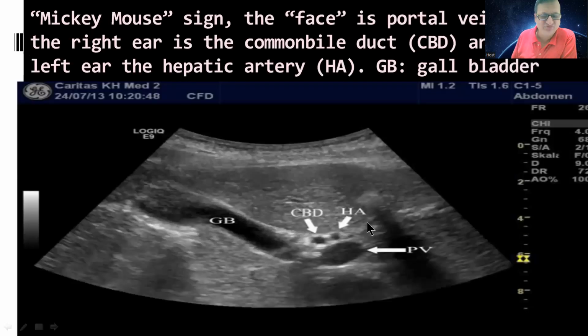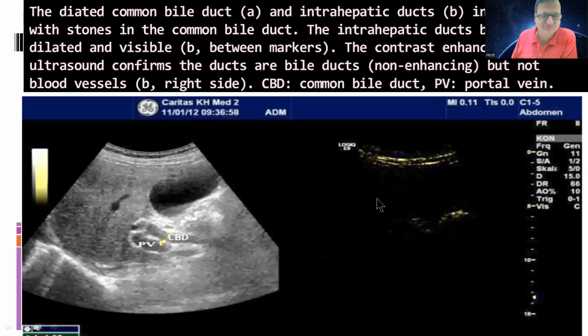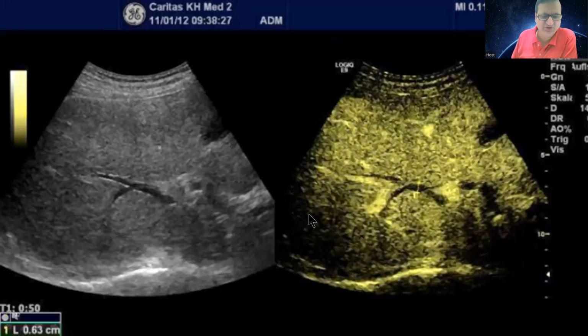This is the Mickey Mouse sign, where the face is the portal vein, the left ear is the hepatic artery, and the right ear is the common bile duct. We can use contrast imaging to recognize the biliary pattern.